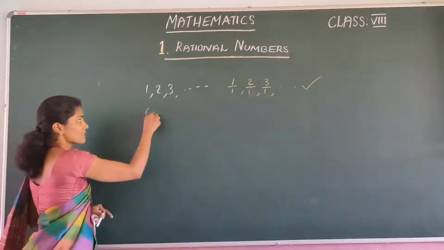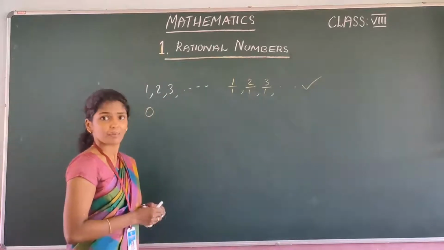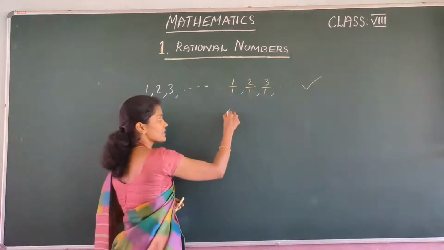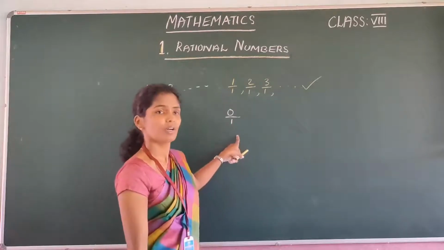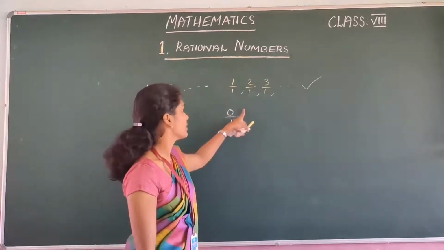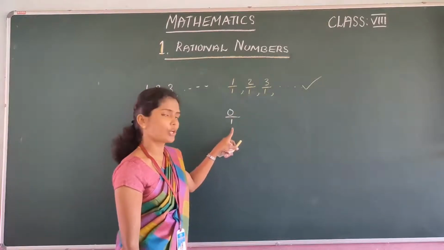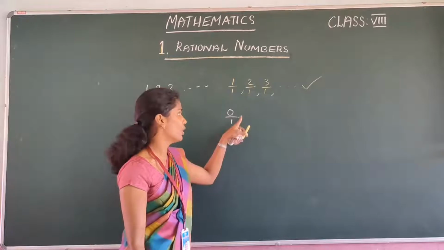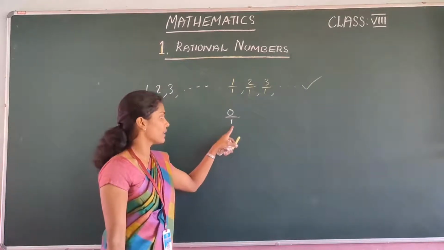Then what about 0? Is it a rational number? Yes, 0 by 1. That's also equal to 0. This is P, this is Q, this is P by Q form. Q not equal to 0. P is 0, no problem, but Q not equal to 0. That we need here.